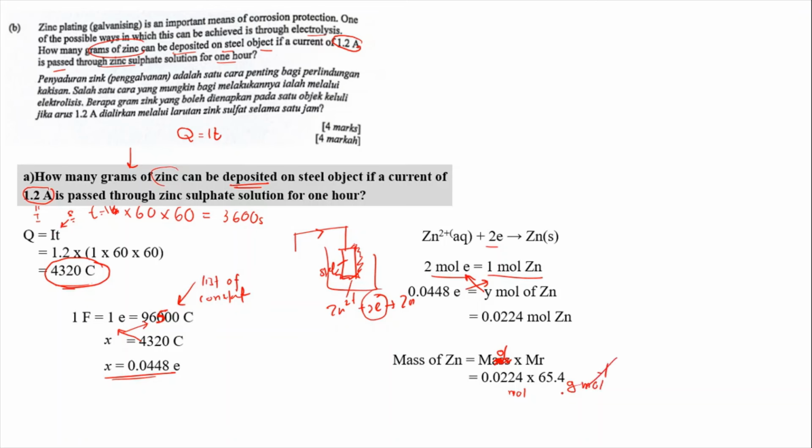So mole per mole, the mole can be cancelled out, and then 0.0224 times 65.4, what we're going to get is 1.465 gram. So the amount of zinc that's going to be deposited at the cathode is 1.465 gram. So this is how we're going to answer question 3b.